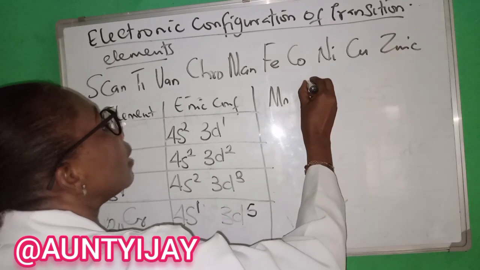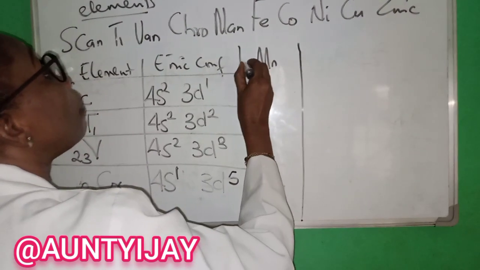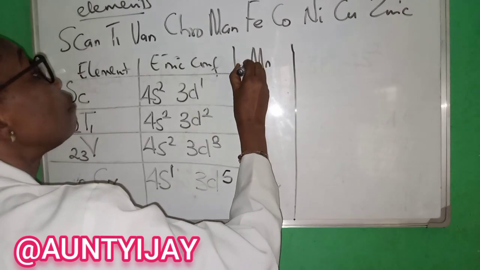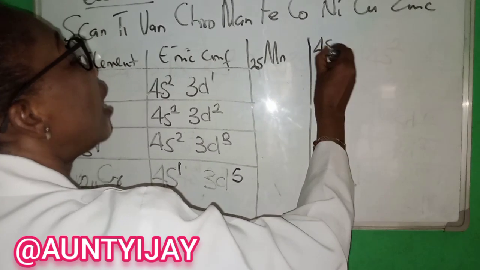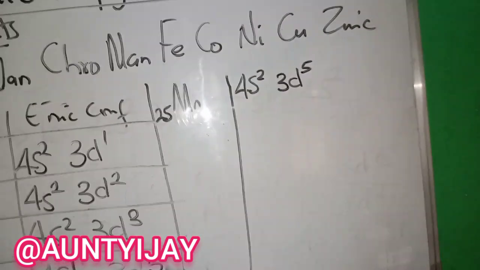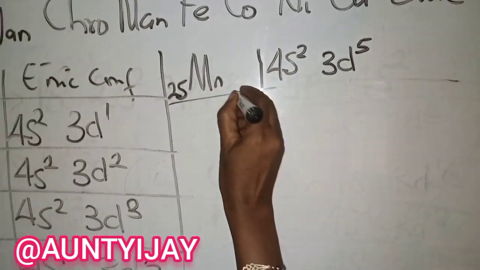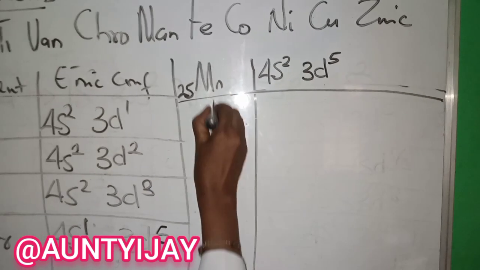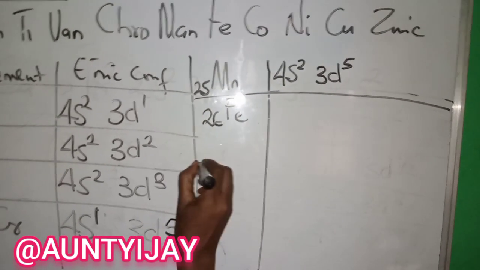Let's look at the electronic configuration of manganese, with atomic number 25. So we have 4s2 3d5. Then the electronic configuration of iron. Fe is the symbol of iron with atomic number 26.